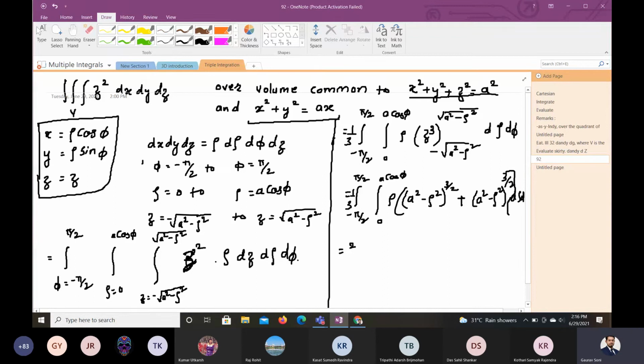So that will be 2 by 3 integration minus pi by 2 to plus pi by 2, 0 to a cos phi. We have a square minus rho square raised to 3 by 2 into rho d phi. How can we solve this integration now?